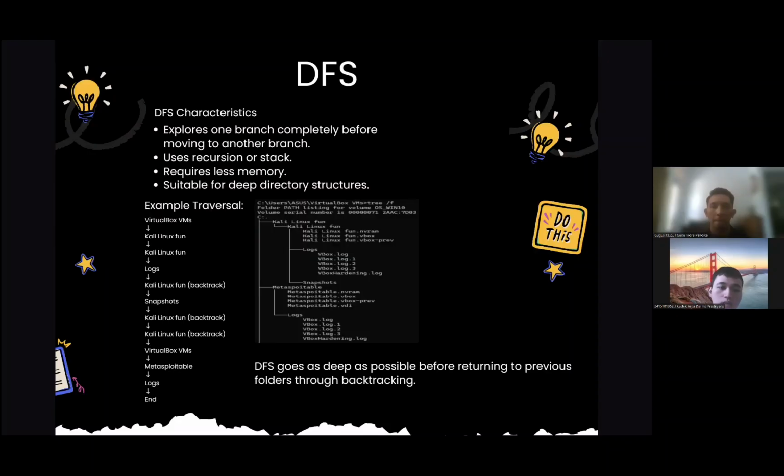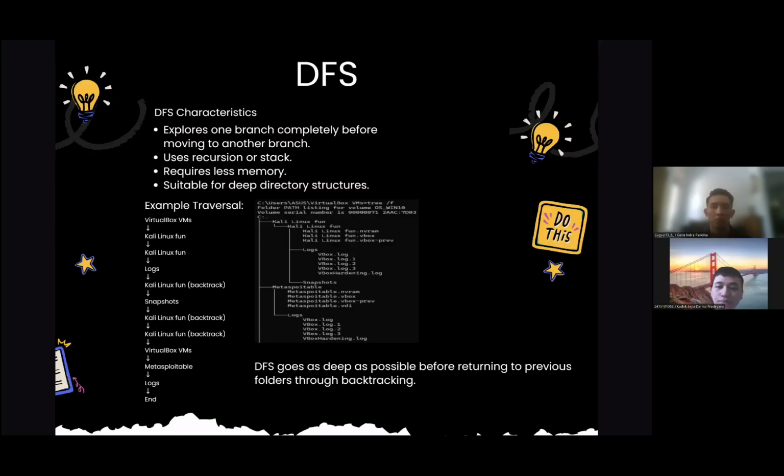So first it traverses the Kali Linux Fund. After it doesn't find any more nodes, it will backtrack to VirtualBox and traverse the Metasploit table until the deepest nodes. The DFS goes as deep as possible before returning to previous folders through backtracking.